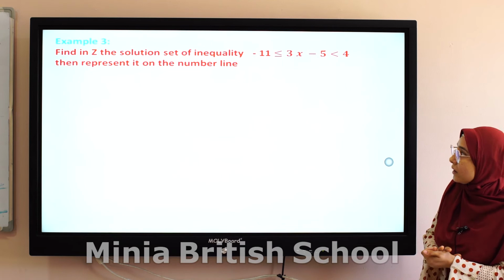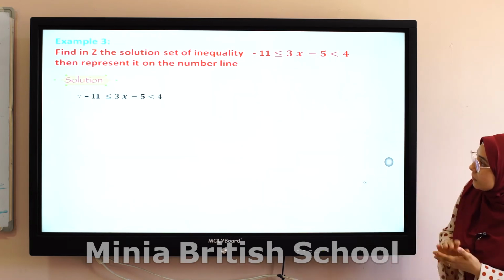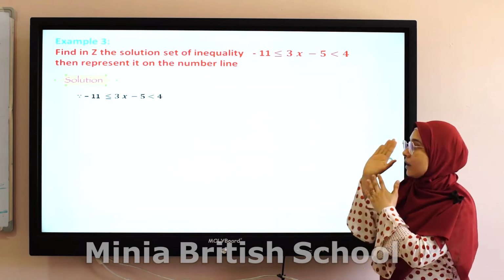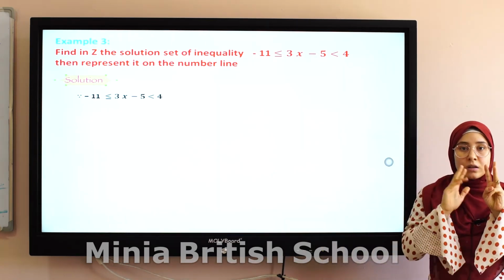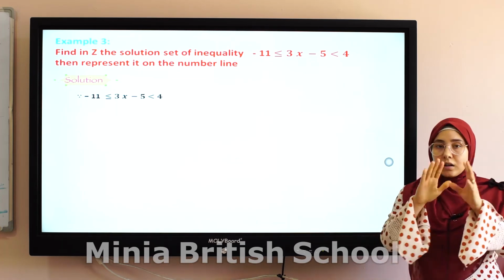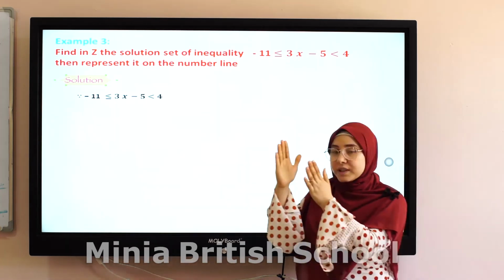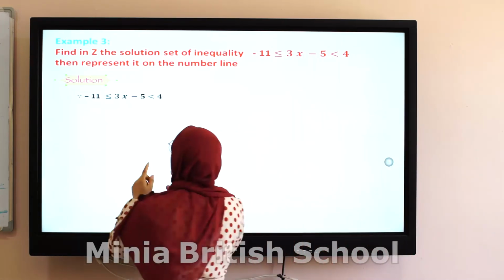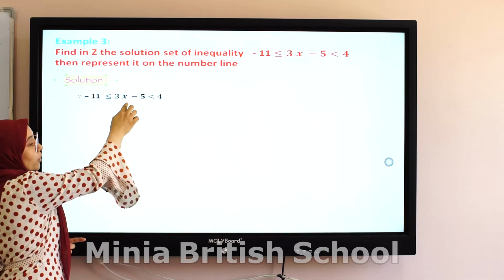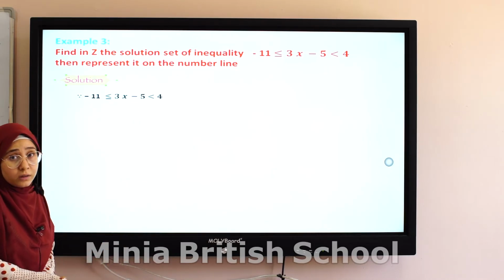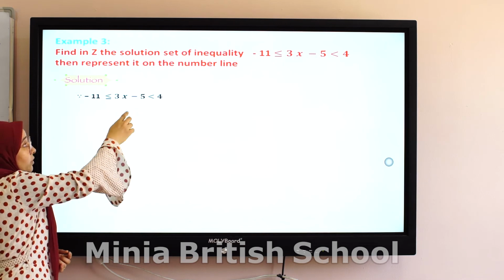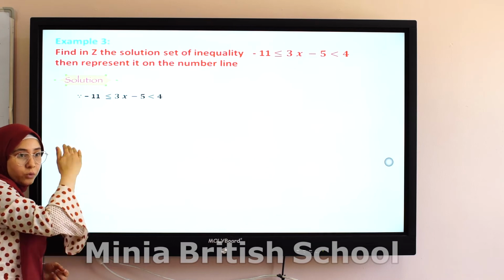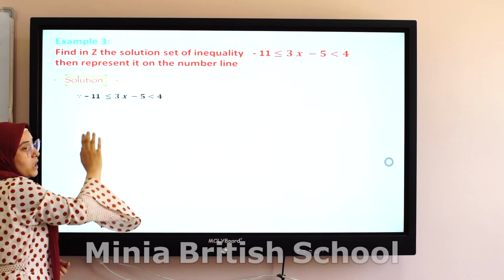Then represent it on the number line. Here, this inequality consists of 3 sides. The same idea. I will separate between the variable and constants. The constant here is -5. So I will add 5 to the 3 sides, okay?